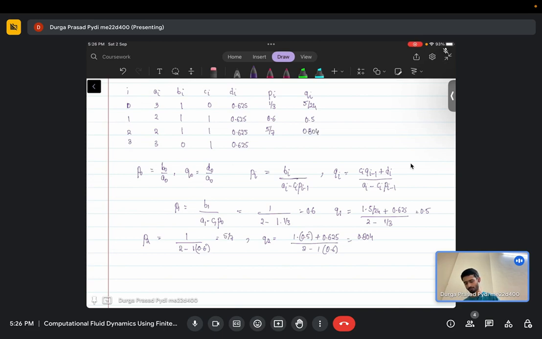And similarly for the last one, b3 is essentially 0.